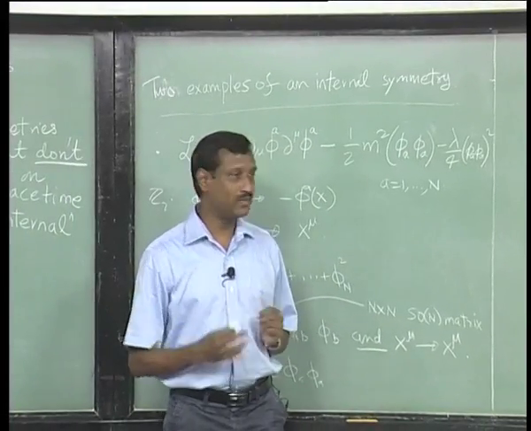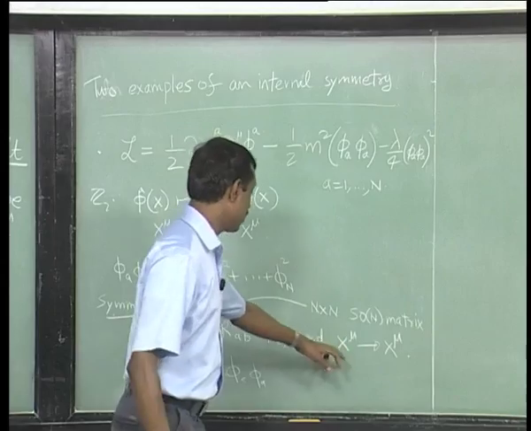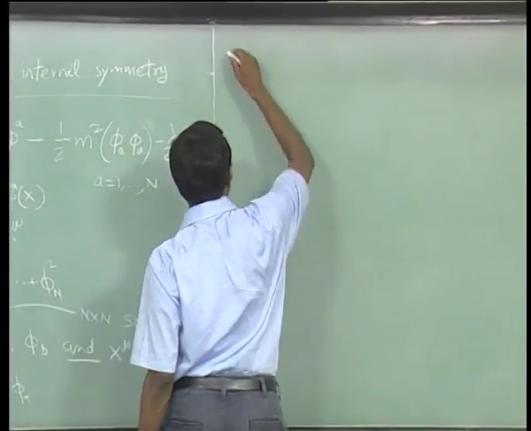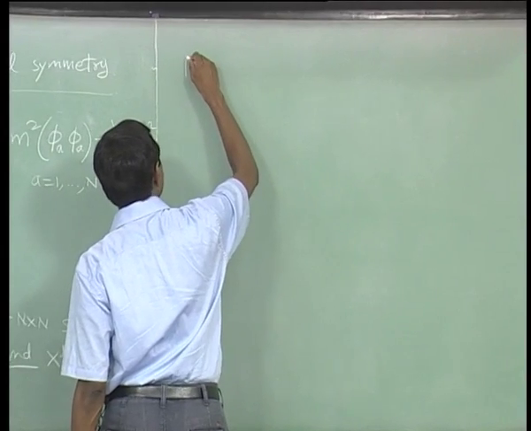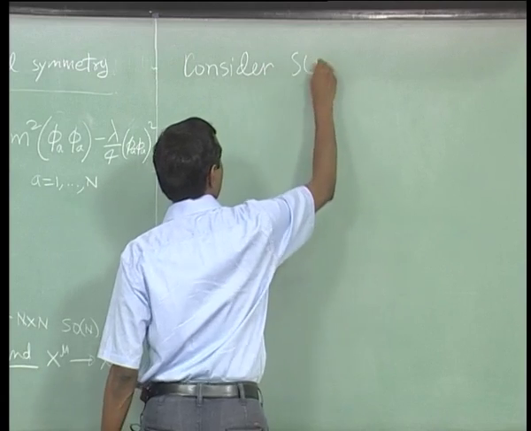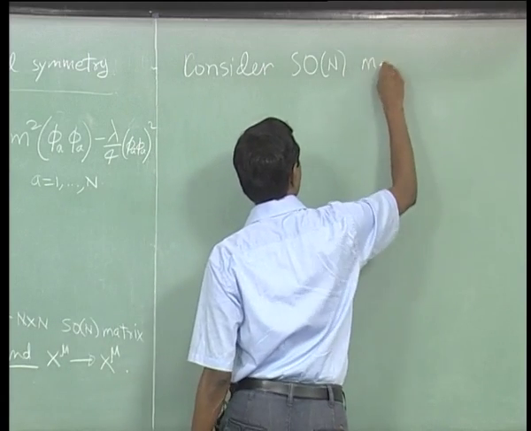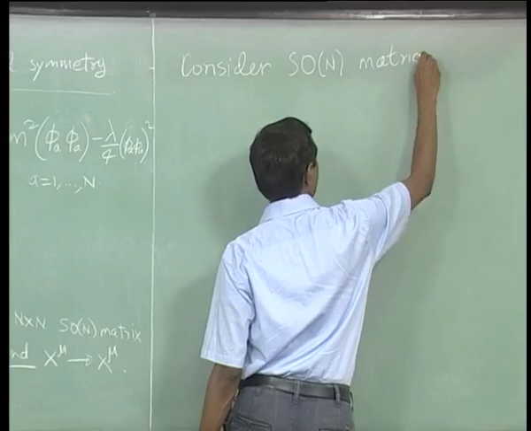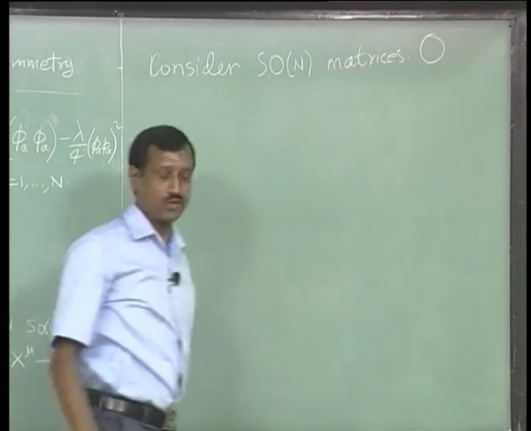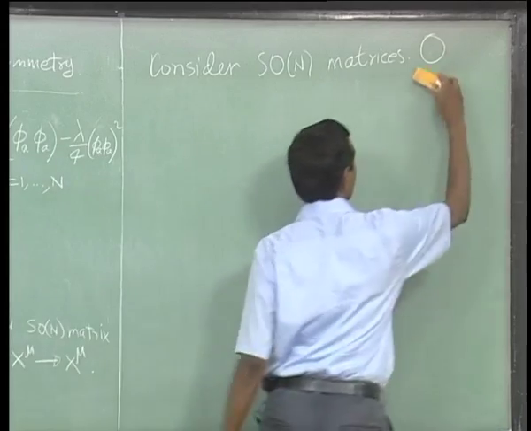We will find, for instance, for orthogonal matrices, so let us consider SO(N) matrices. Okay, let us call them O, or I called it R out here. So, let me just call it R.